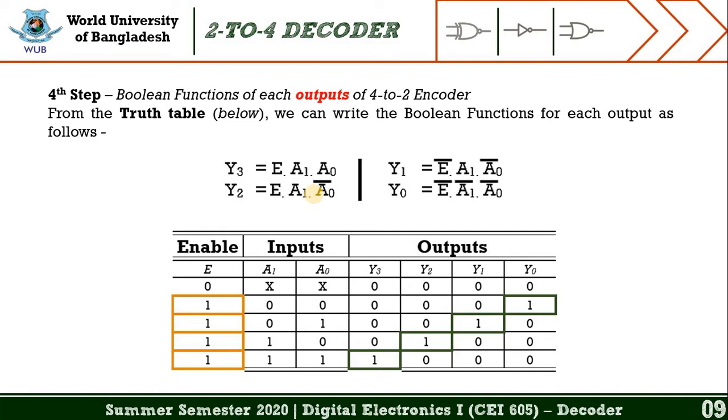That's why we invert this and we get not A0. And in this way we can write Y1 and Y0.